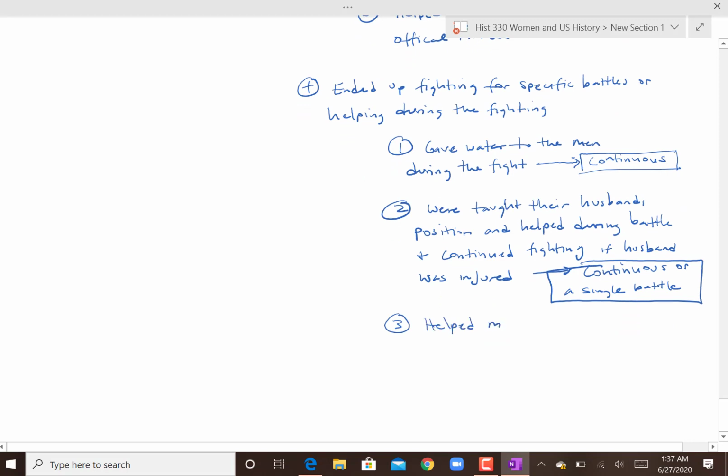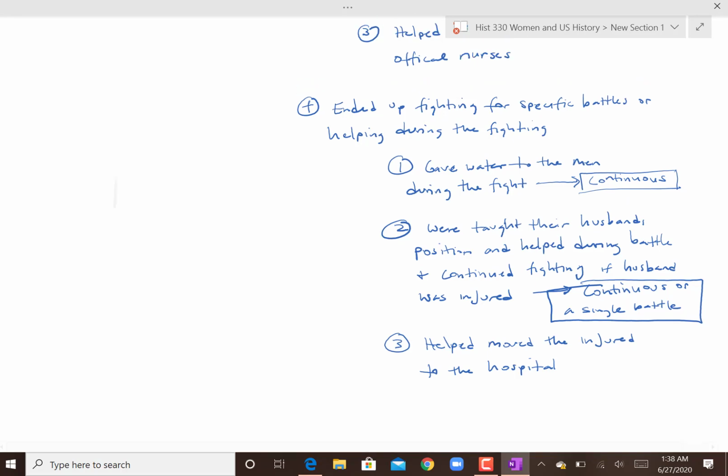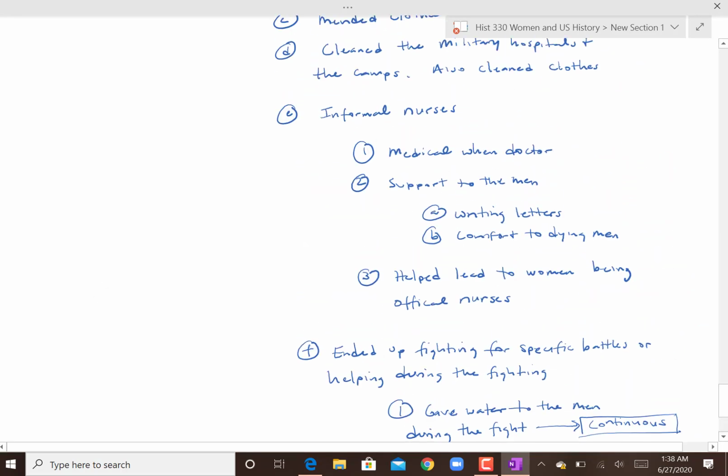But there were things like this, where there were another couple women who helped move the injured to the hospital, right? And so they are putting themselves in danger in the field where they could have been shot and killed. And so these are the most common ways that camp followers helped fight. And all of these roles, especially the fighting ones, were more unique.